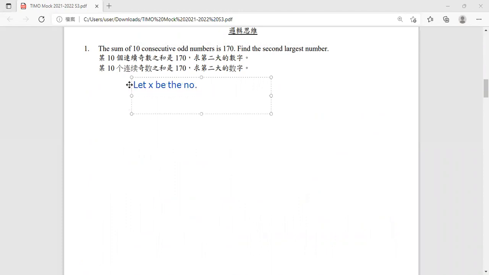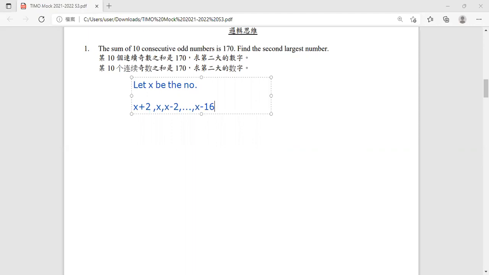Let the largest be x, then x minus 2, and then down to what? The smallest will be x minus what? It should be x minus 16.